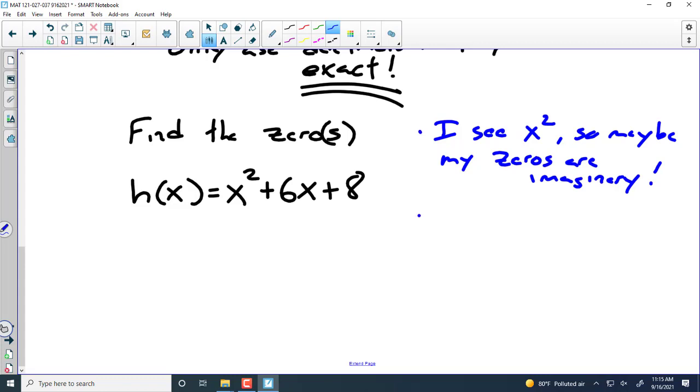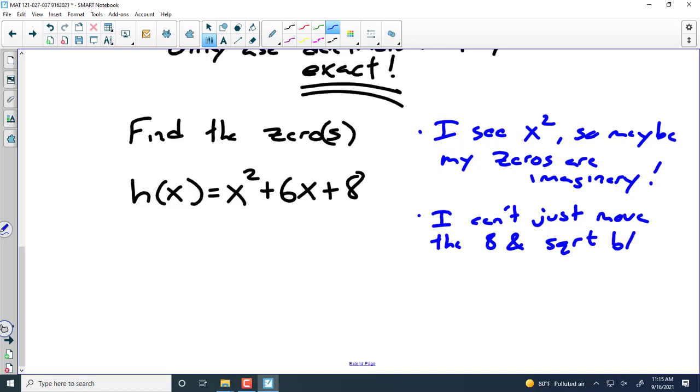And here's the more important one that people mess up. I can't just move the 8 and square root because of the 6x. Those problems I was doing before, where I just moved the number over and I applied the square root property, did not have that middle term, that 6x term.